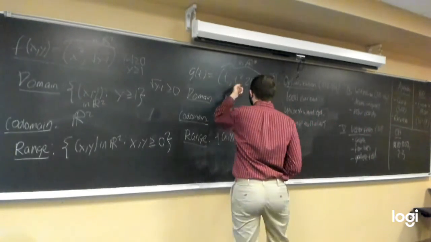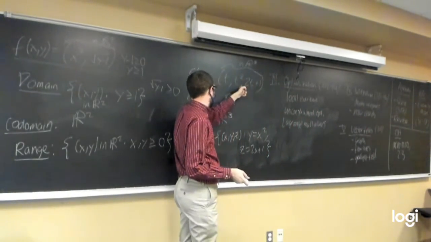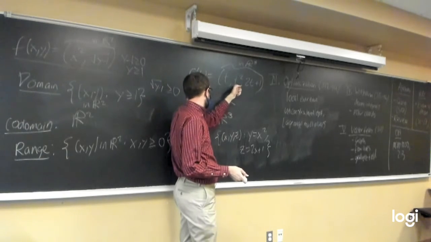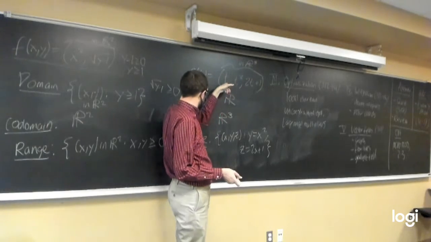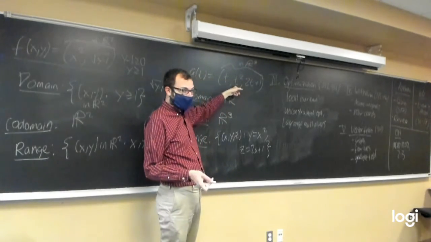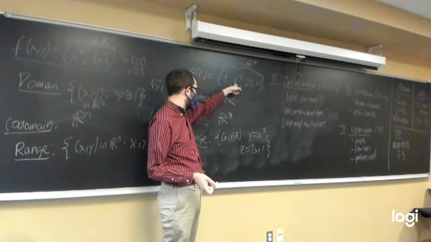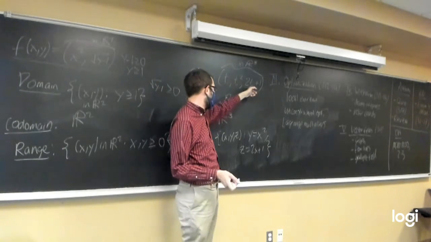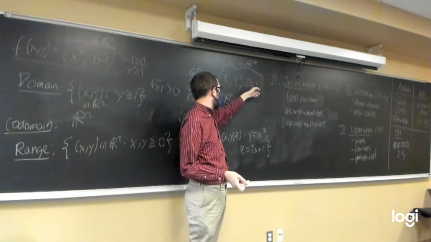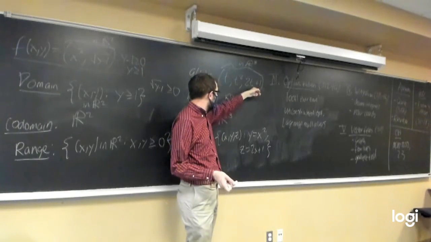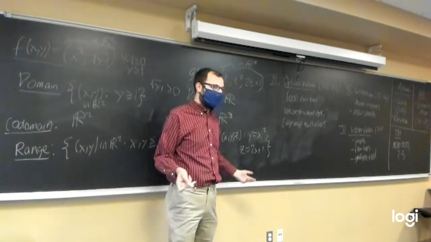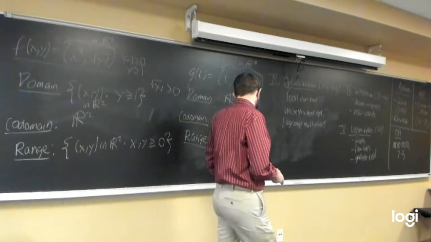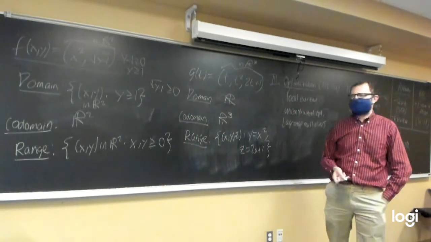We know that whatever our x, y, and z components are, the y component has to be equal to the x component squared, because whatever the x component is, t, the y component is that term, but squared. And similarly, our third component, z of t, has to be equal to 2 times whatever this is plus 1, which we can represent in the range by writing out z equals 2x plus 1.